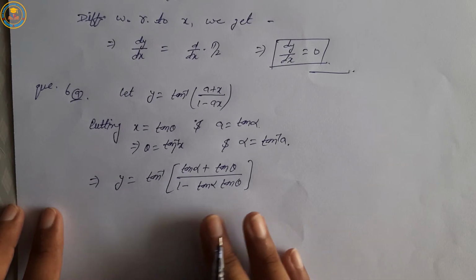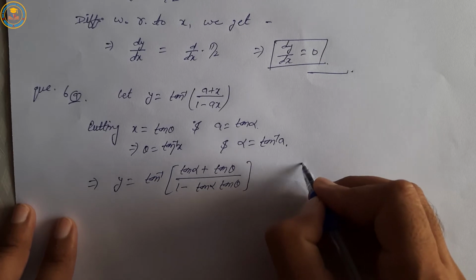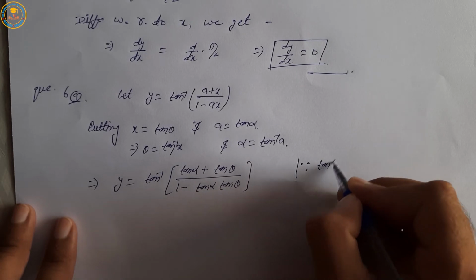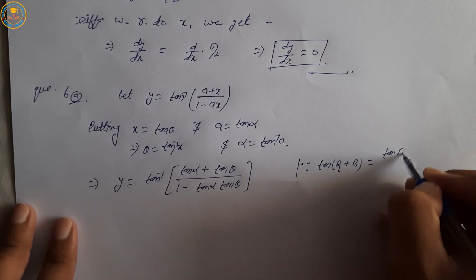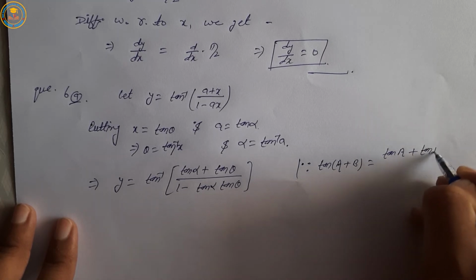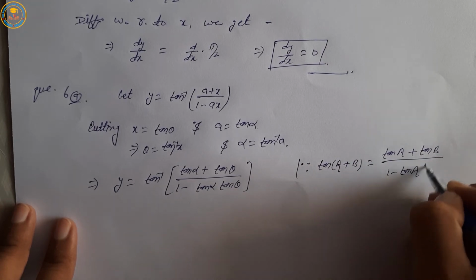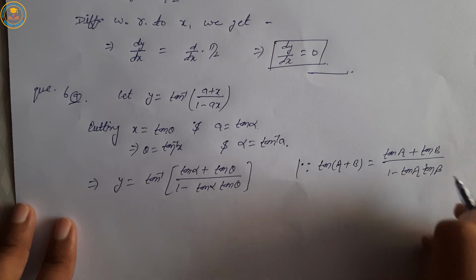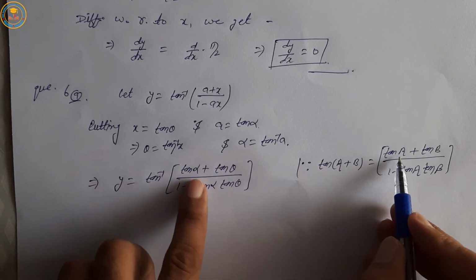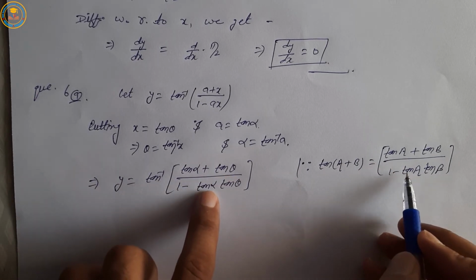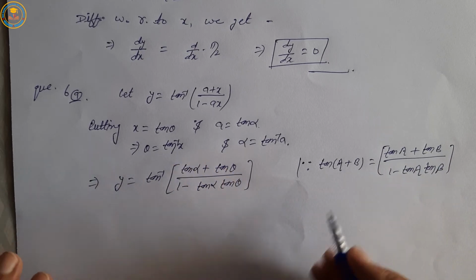Apply the formula: tan(A plus B) is equal to (tan A plus tan B) upon (1 minus tan A into tan B). Here A is equal to alpha and B is equal to theta.